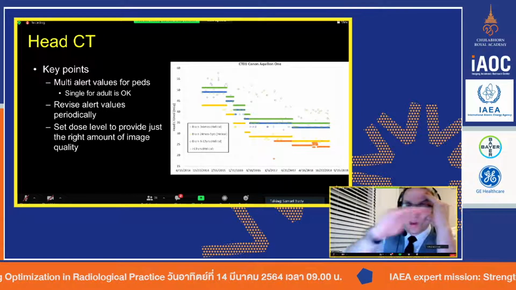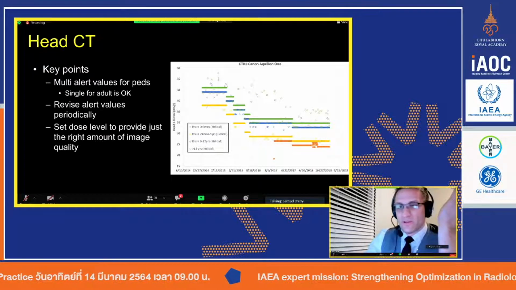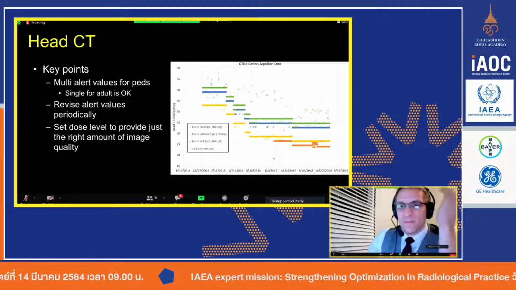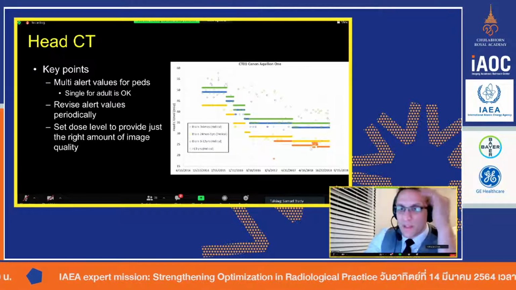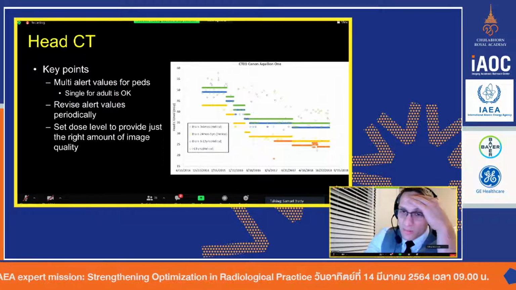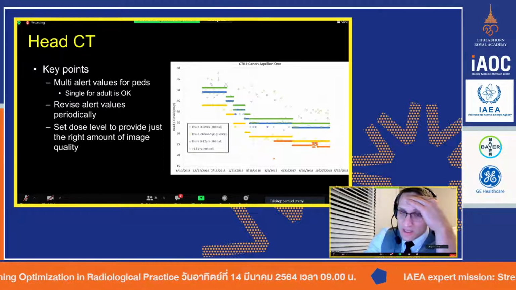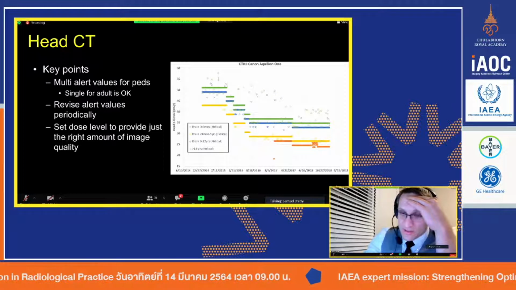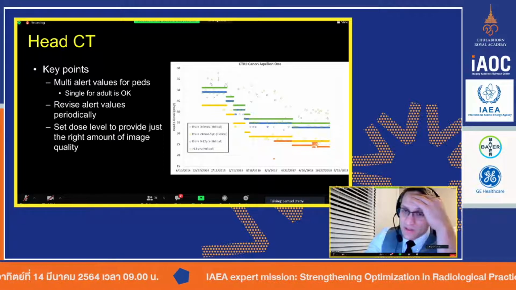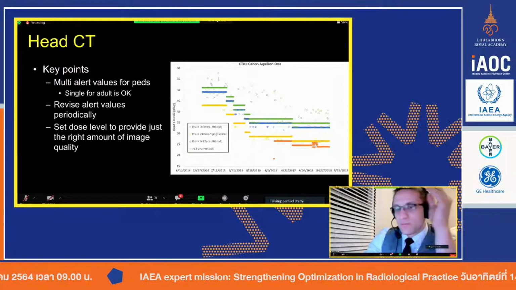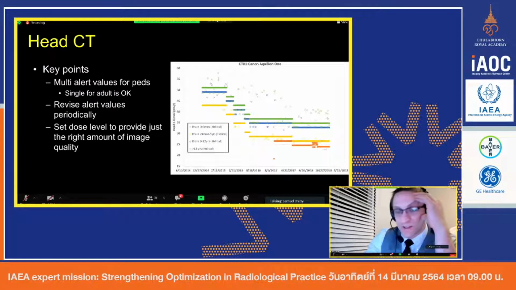But if you set one alert level, it's hard because it'll only ever trigger for your adults or your large kids. It would never, ever trigger for these little guys, these less than 6 months. But yet, look at this. There's this weird little clumping of data right here. Sometime in the early to mid 2018, things were going crazy right here. And what ended up happening is we were having some issues with those protocols, some software reloading and loading, some other issues that only affected this protocol.